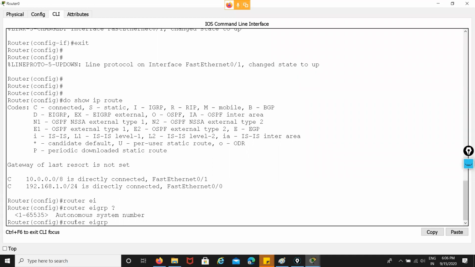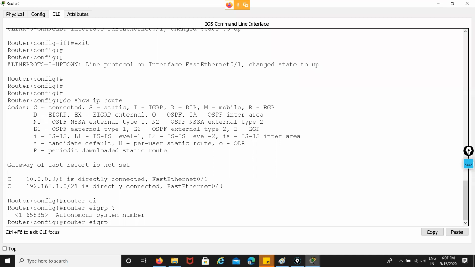I already told you that an autonomous system is a simple area by which we can use some specific devices to share information, to connect with them and share information with each other. So that particular area that I want to create, to identify that area, we use some specific logical numbers, because this autonomous number is a 16-bit value.